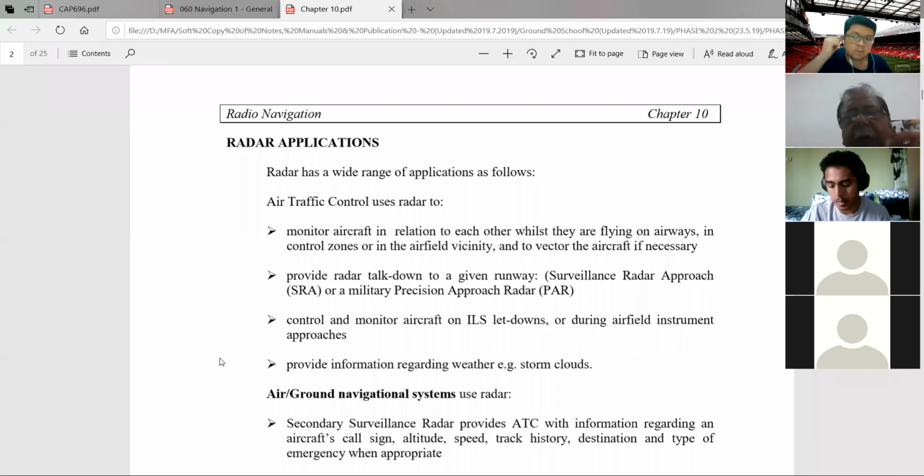As such, whatever time is taken between the transmission and the reception, you have to divide this by 2 to get the actual range of the object. A very important aspect in radar is that the time between the transmission and the reception is to be divided by 2 to get the exact location or range of that particular object. Is this understood?